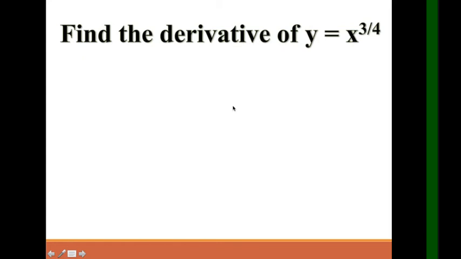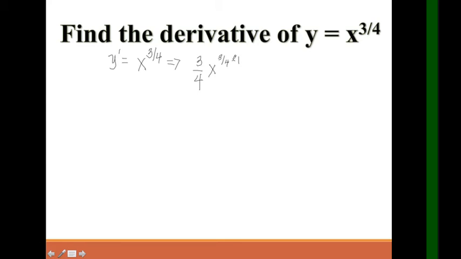In number 3, our exponent is a fraction. So let's have my pen. Okay, let's have the solution. We have the derivative of y equals 3/4 x raised to 3/4 minus 1. Okay?